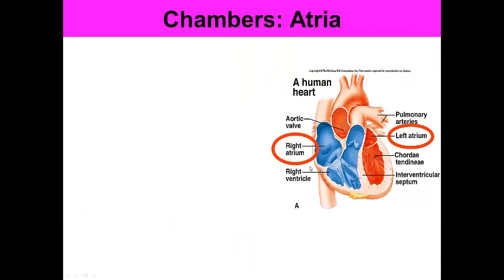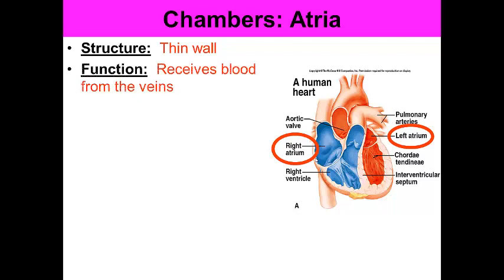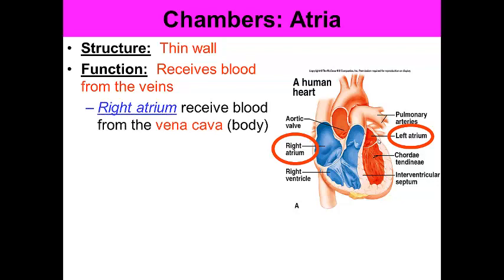The first two parts of the heart we're going to talk about are the right atrium and the left atrium. These two structures have thin walls. They receive blood from the veins, either the veins from the body or the pulmonary veins. The right atrium receives deoxygenated blood, so blood without oxygen, from the vena cava.